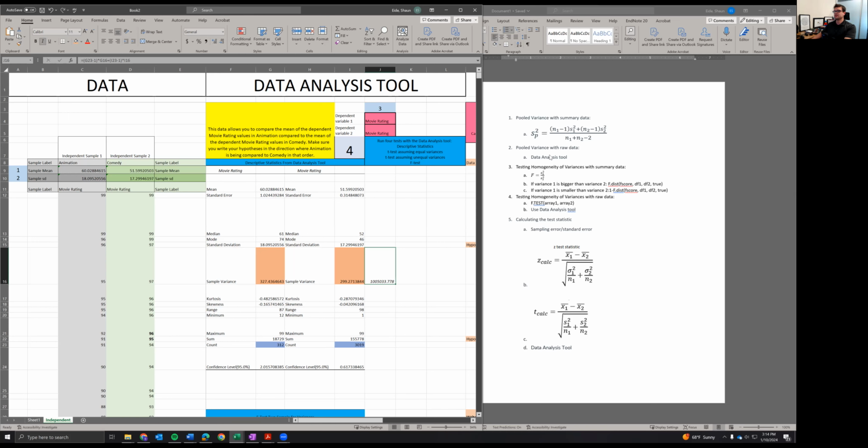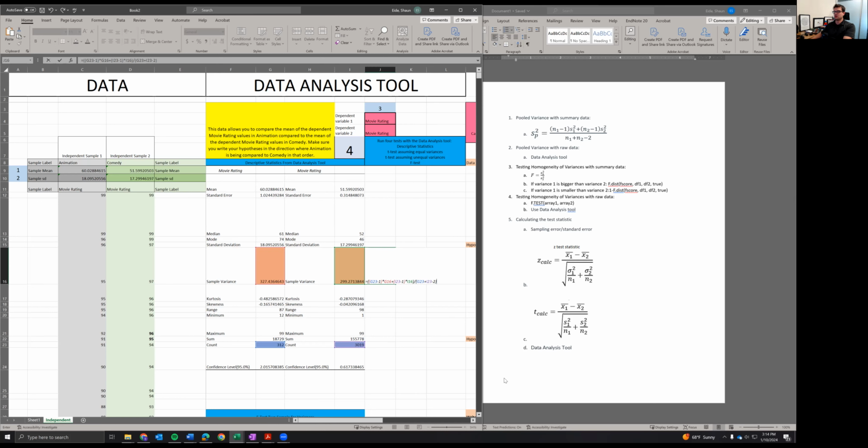But we're not done yet because we've got to divide it. You can divide it by just putting parentheses around it and then doing divide by. And then, once again in parentheses, sample size 1 plus sample size 2 minus 2.